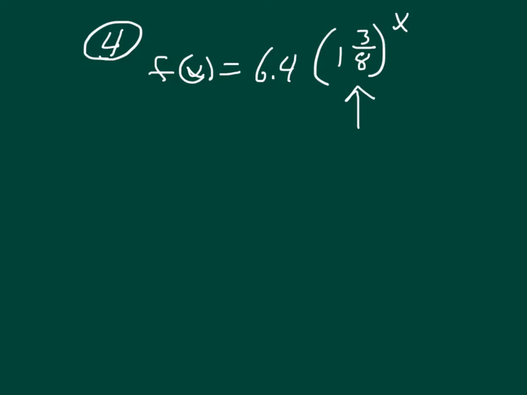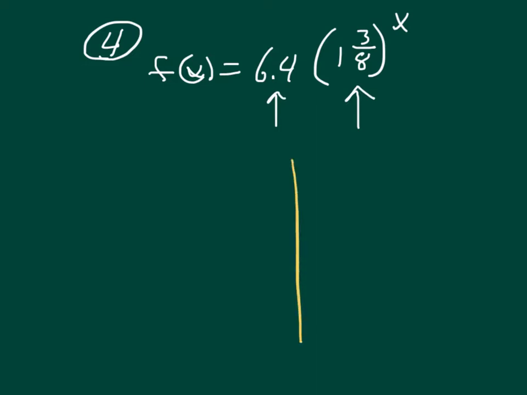Horizontally, it's going to stretch it out a little bit because it's 1 3/8. Now, right here, I see 6.4, so that means it's going to vertically stretch it a little bit. Matter of fact, it's going to stretch it so it crosses the y-axis at 6.4.